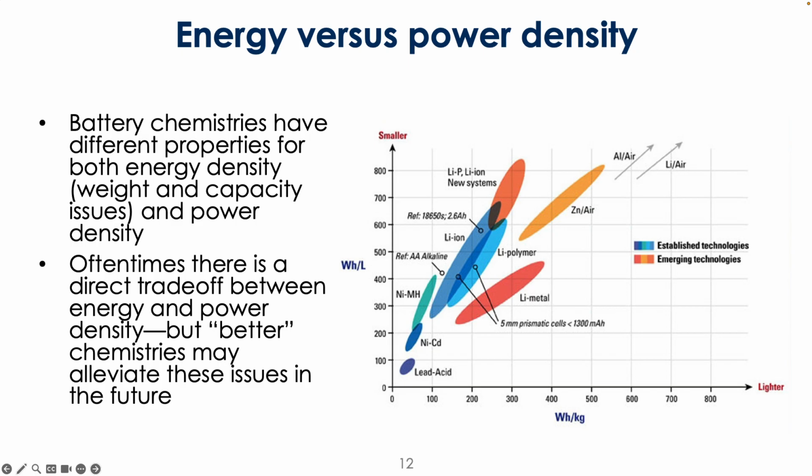And note that it's not all just about energy and power, right? There are other attributes that we care about, such as the economics, the cost of it. So maybe for small consumer electronics, an alkaline battery, which is a reference point here, is very cheap, not very energy dense, but you don't need it to be, right?